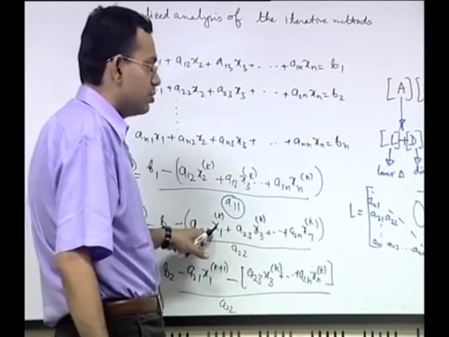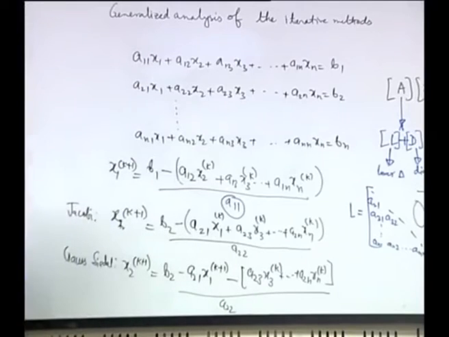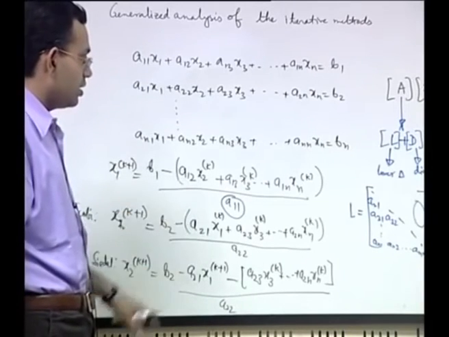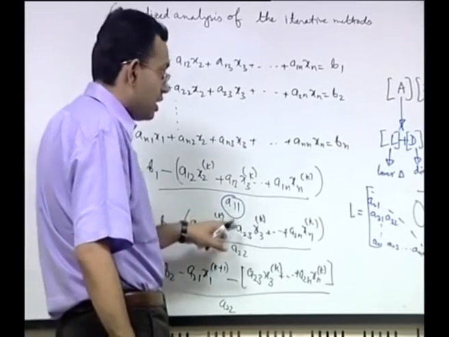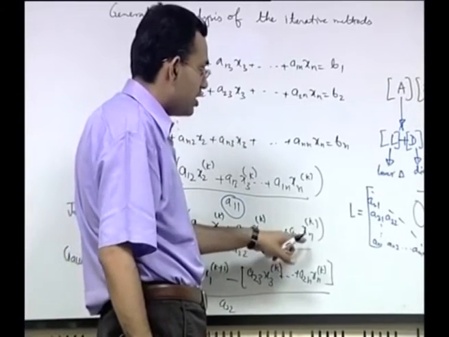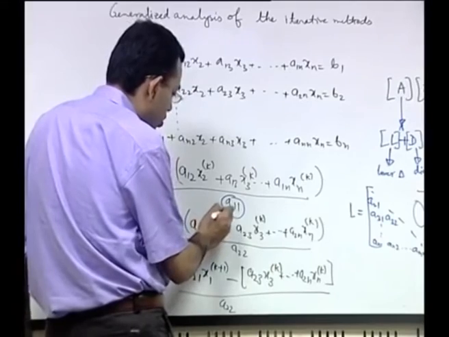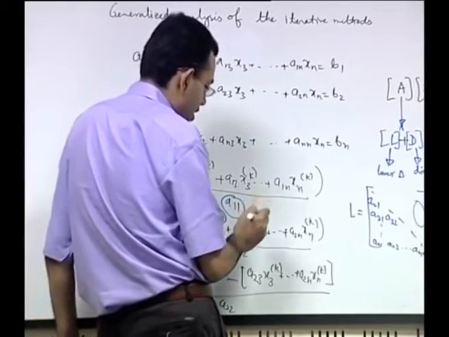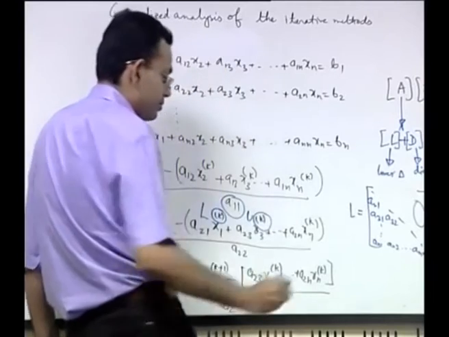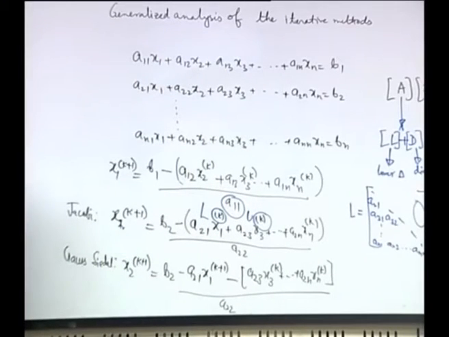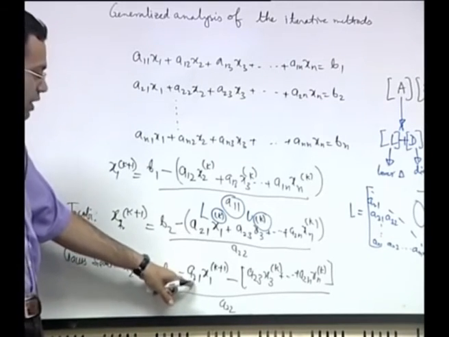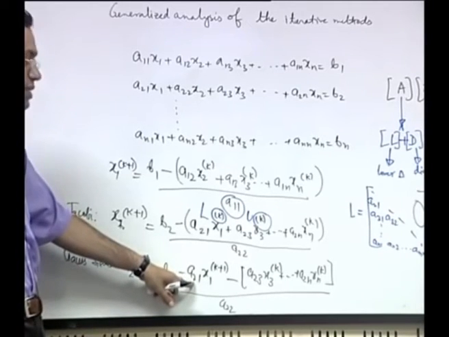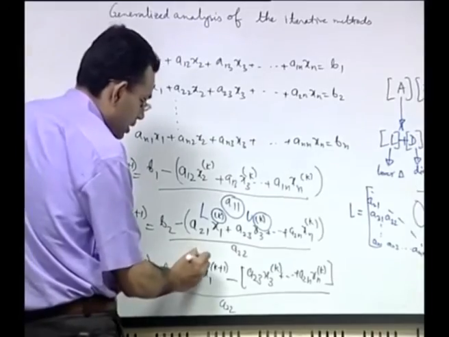So, you have A21 corresponding to lower, A23 these are corresponding to upper. So, you have the lower corresponding to xk and upper also corresponding to xk. In the Gauss-Seidel formula you have the lower triangular matrix corresponding to xk plus 1 and the upper triangular matrix corresponding to xk.